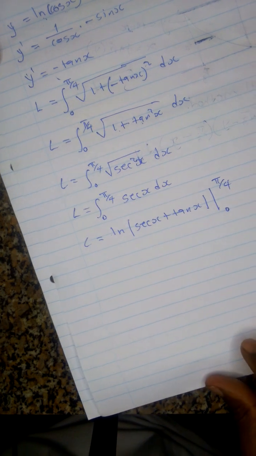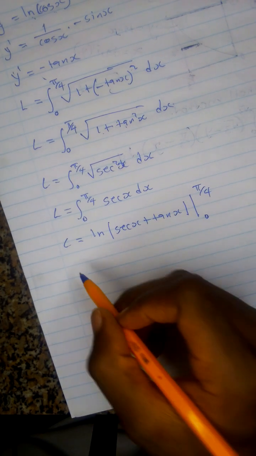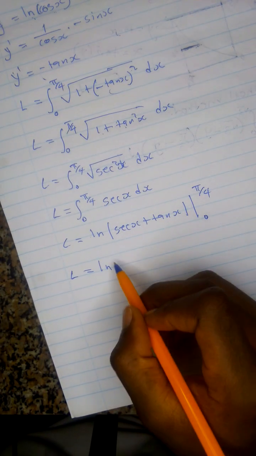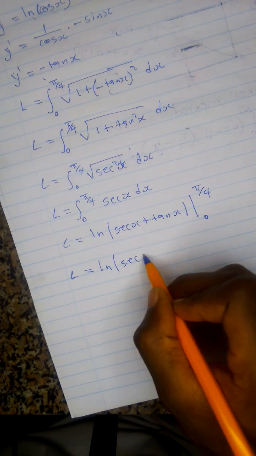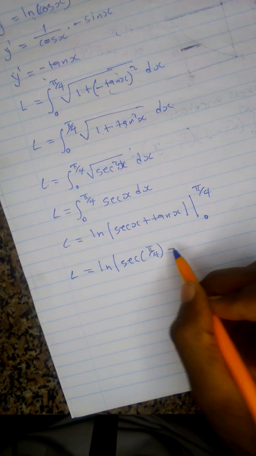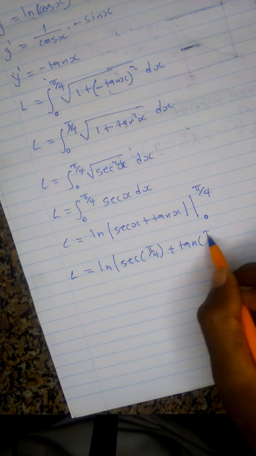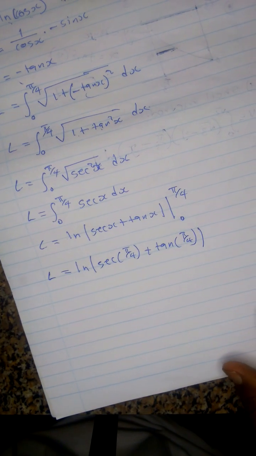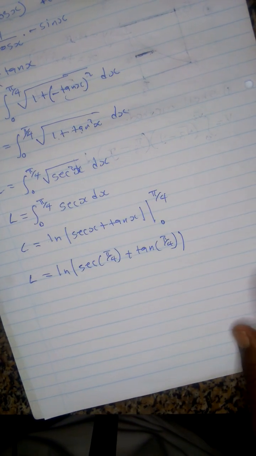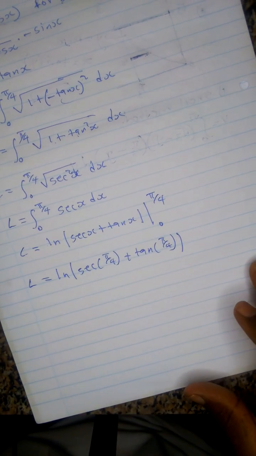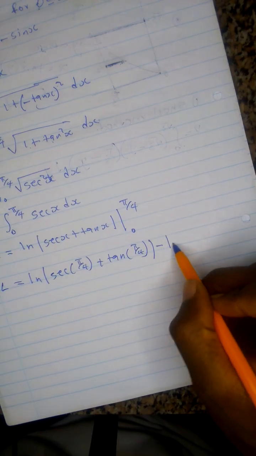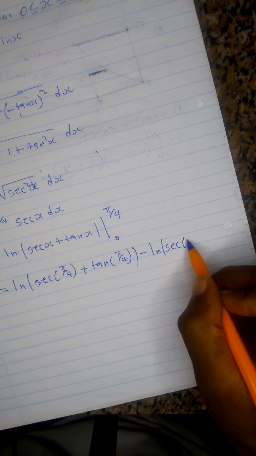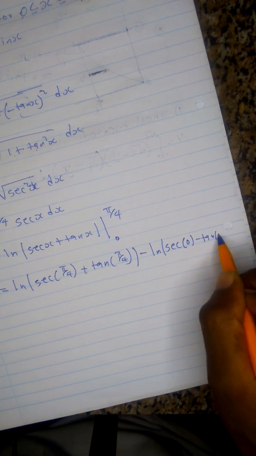Now we just need to plug in the limits. The length is equal to ln of sec of pi by 4 plus tan of pi by 4, minus ln of sec of 0 plus tan of 0.